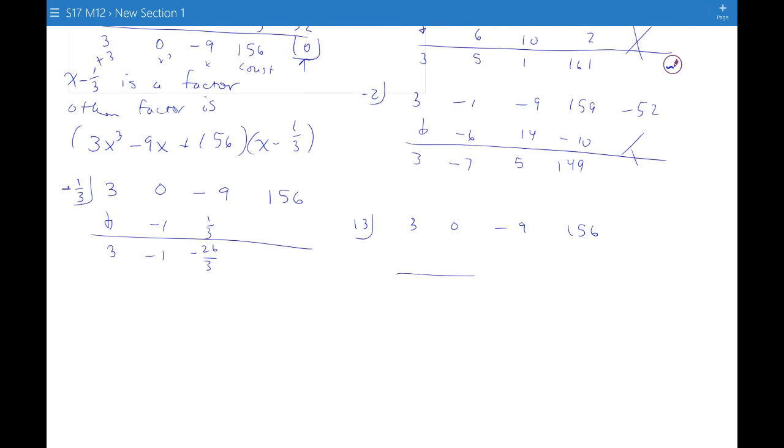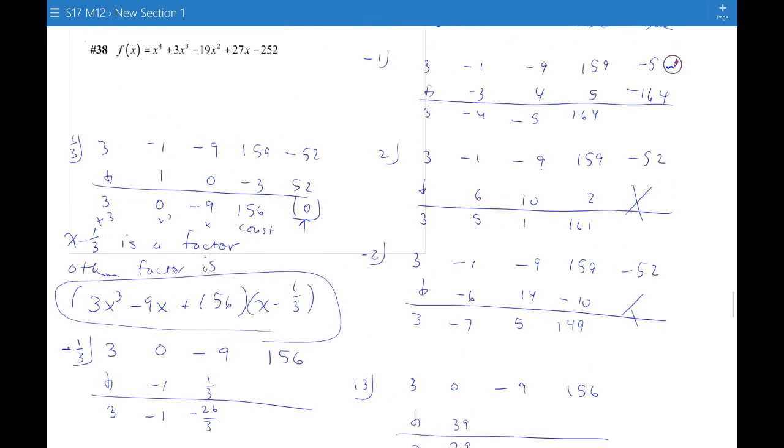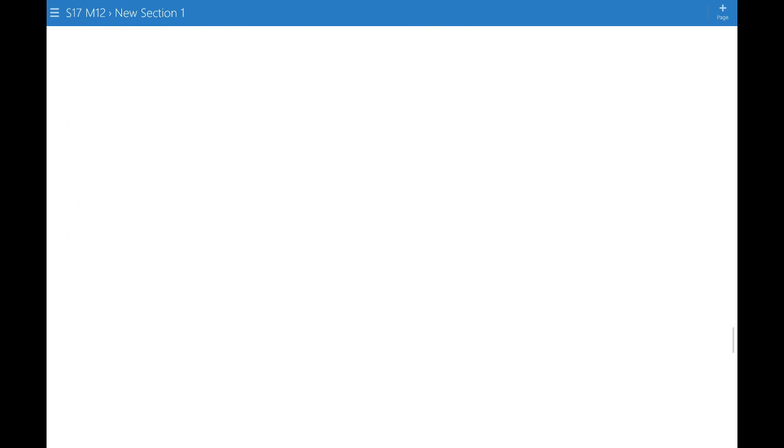What do you think? Is 13 going to work? I have 3, 39. That's going to get gigantic. So we'll figure out the rest of these in class together, but I wanted to at least get to this point so that you can see how to get started. And then we'll do this other problem here, number 38, in class together. And that's it.